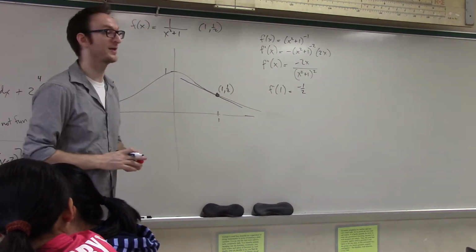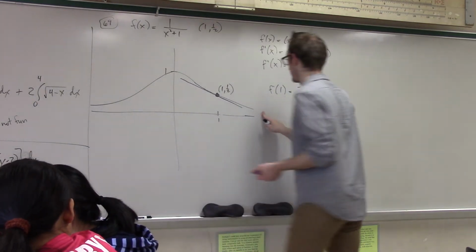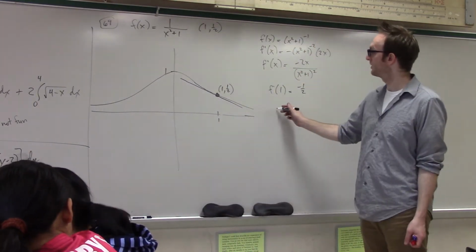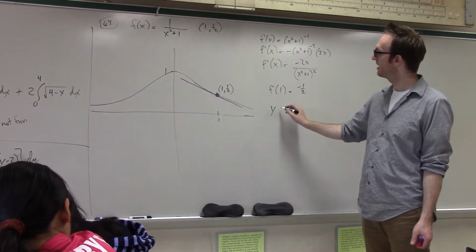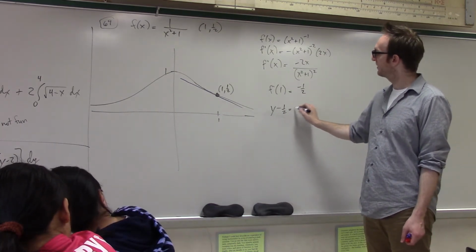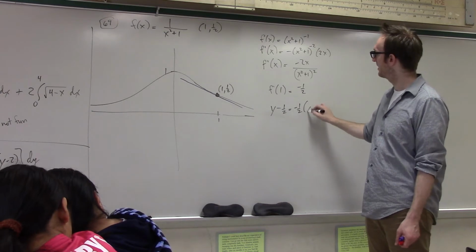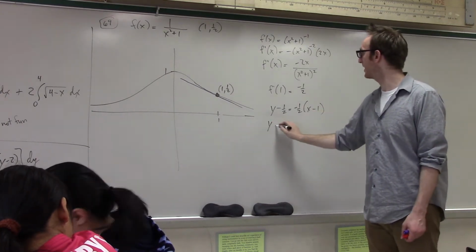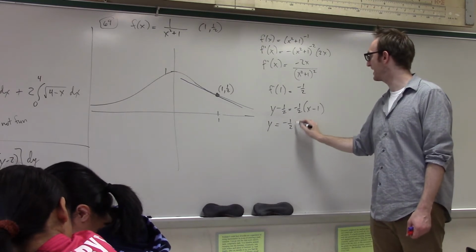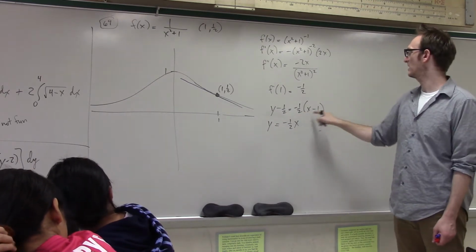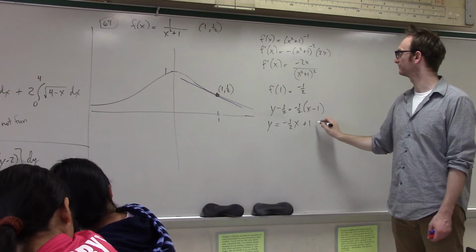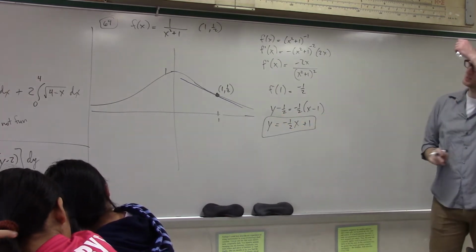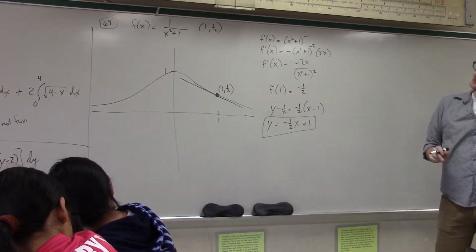I need to figure that out. So what is the equation of this tangent line? It's y minus 1/2 equals negative 1/2 times x minus 1, just using point-slope form. Rewriting this to make it prettier, it's negative 1/2 x plus 1/2, so plus 1. Okay, so that's the equation of the tangent line to the curve at 1 comma 1/2.